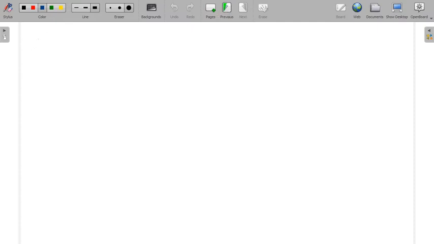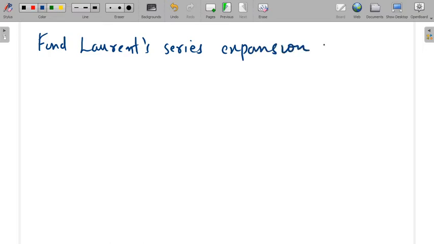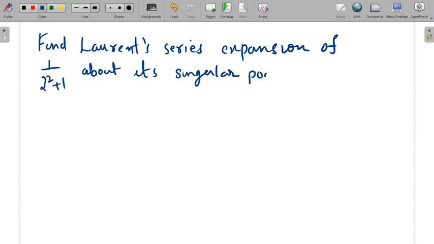Find the Lorentz series expansion of 1 by z square plus 1 about its singular points. Determine region of convergence.